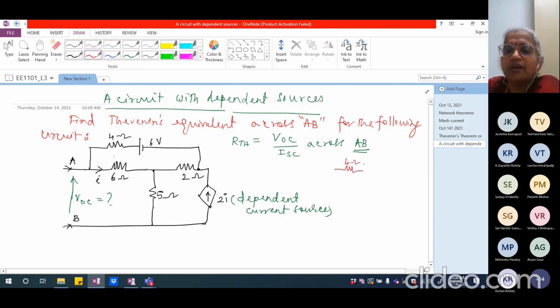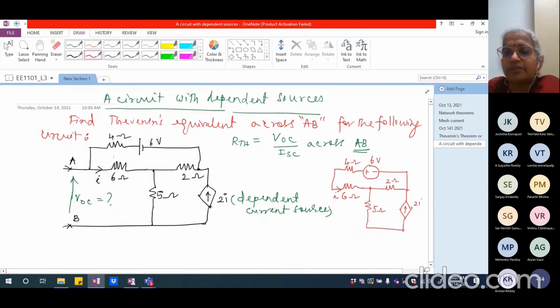This is 4 ohm. This is 6 volts. This is plus and this is minus. And I'm going to have 6 ohms here. Please remember this is I. I have to write this as I. And then I'm going to have a 2 ohm here. This is one mesh. The other mesh I'm going to have is, this is 5 ohm. And I'm going to have a current source here, which is 2I.